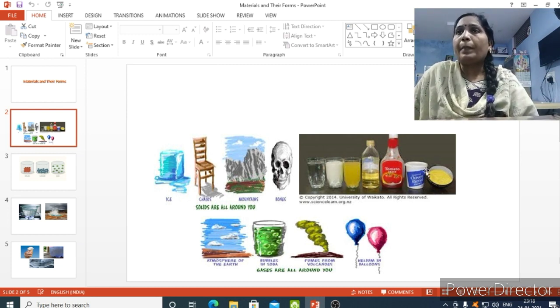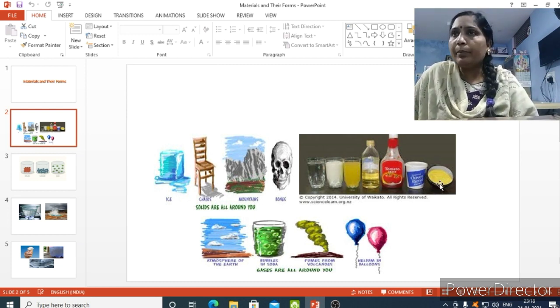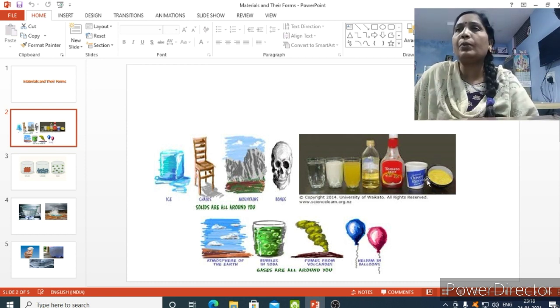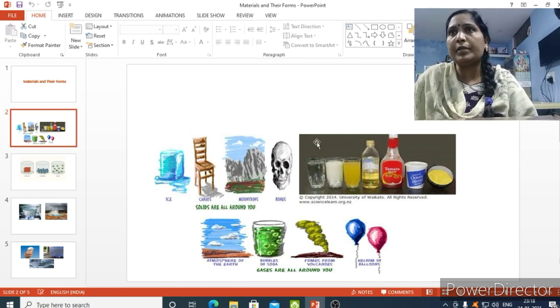If we take it in a glass, they attain the shape of the glass. So the liquids do not have a particular shape. They take the shape of the container where they are. And they have a particular volume. They occupy space, like solids.